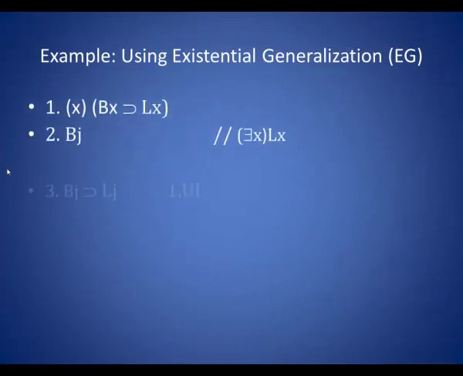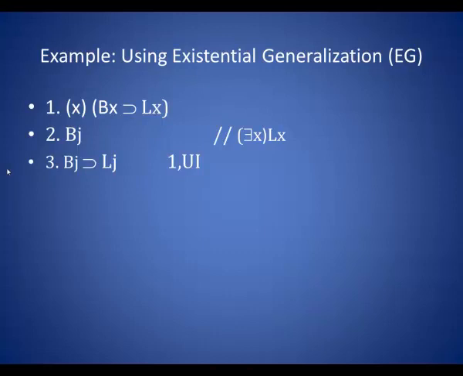So here's how the proof would look. On line 3, I'm going to universally instantiate line 1. Remember, I can UI lines that are governed by universal quantifiers. Again, though, it has to be the case that the universal quantifier is governing the entire line. So on line 1, we see that our universal quantifier is governing the entire line, so we're allowed to remove that quantifier, and we can replace those bound variables with either a constant or another variable.